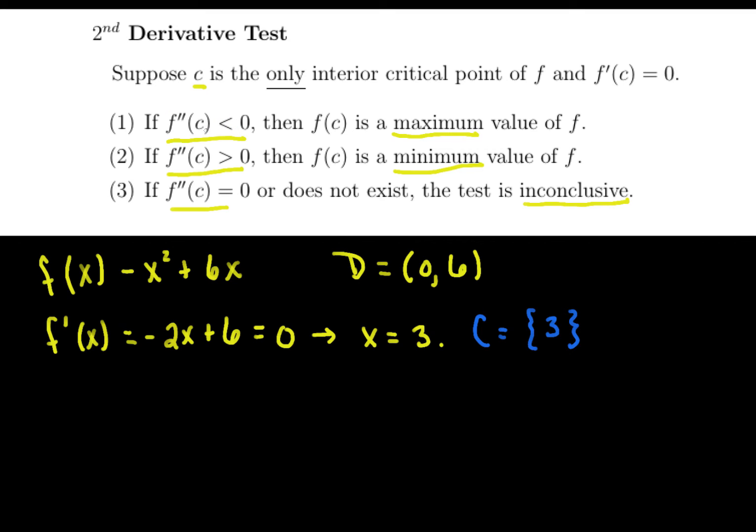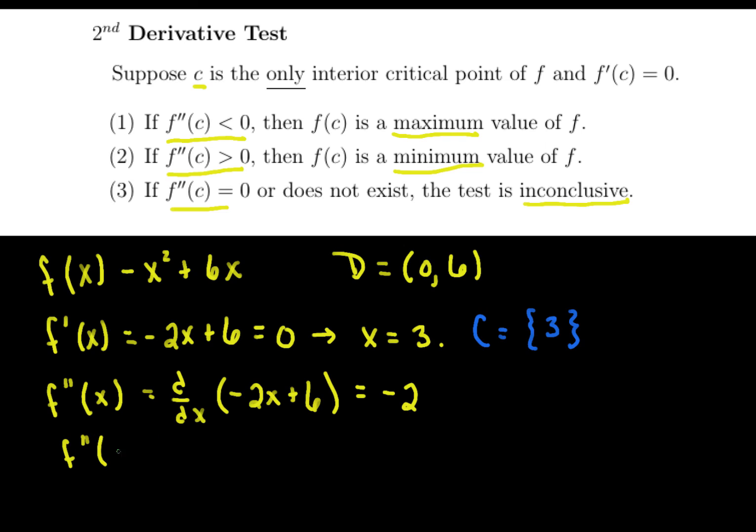Is it positive when we evaluate it there, or is it negative? So let me evaluate f double prime of x, which is, we've already computed the derivative, so this is the derivative with respect to x of negative 2x plus 6, which is negative 2, which is always negative. So in particular, f double prime of 3 is just equal to negative 2, which is negative, less than 0.